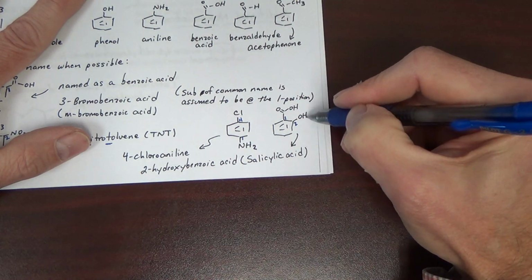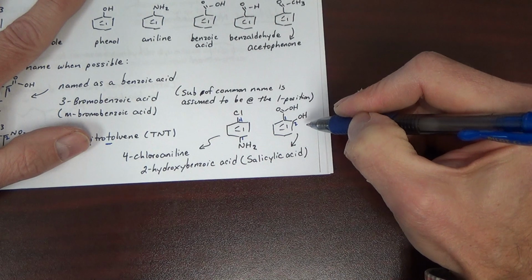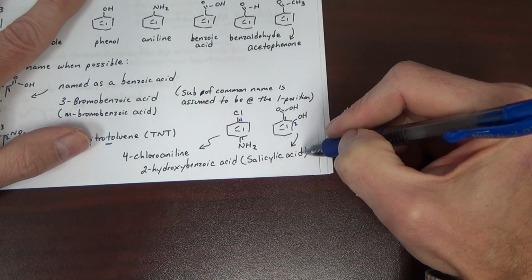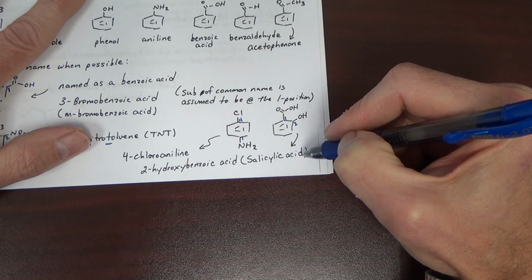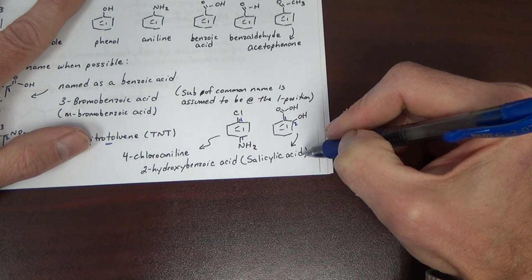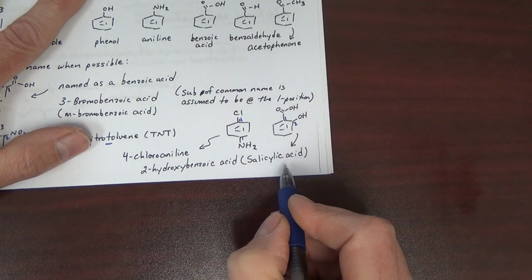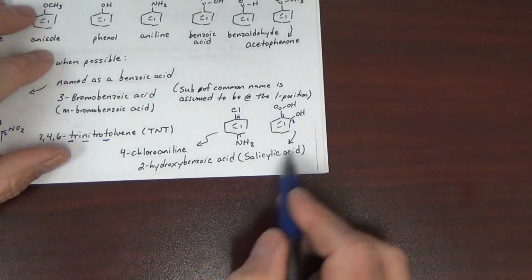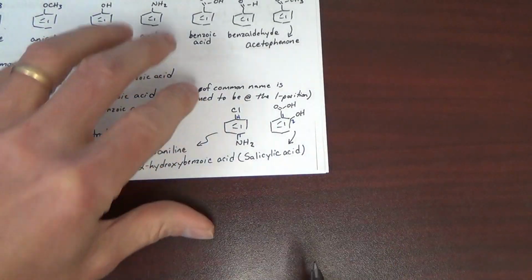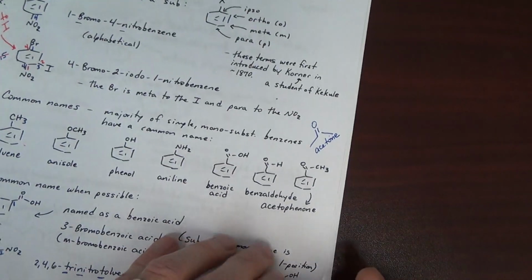If we put an acetyl group on this oxygen, it will be acetylsalicylic acid. Some people say acetyl salicylic acid. Most people just call that aspirin. Okay? So I just wanted to sort of show you that because it's a very common term there.